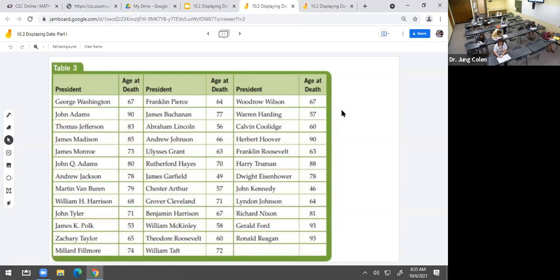So how many presidents are in the first group? 19.